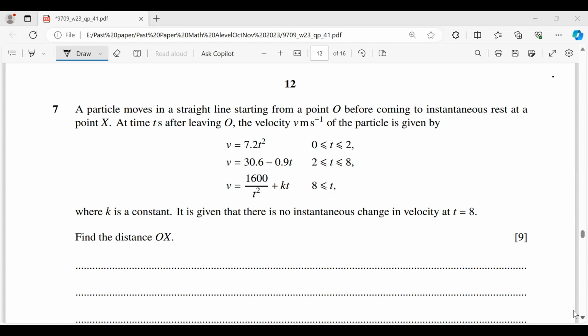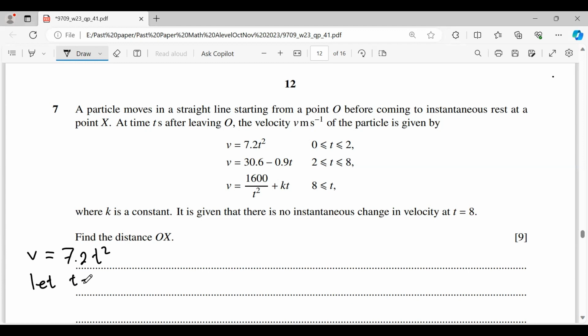Right, the first step I will sketch this function, and then we are going to find the area under the graph and calculate the accumulation of area, and that is the distance, right? The first function is v equals 7.2 t squared, 0 to 2.